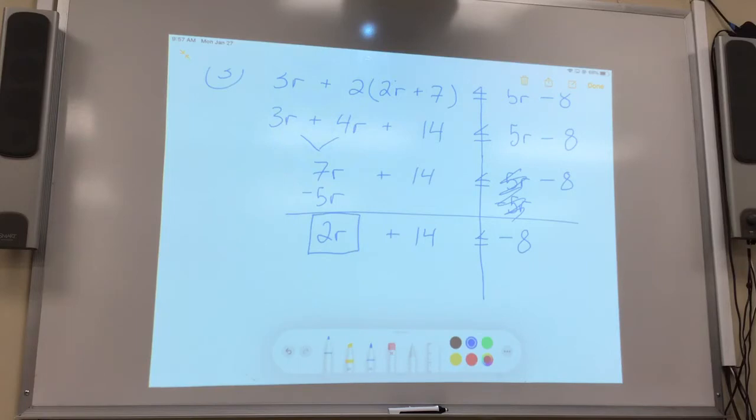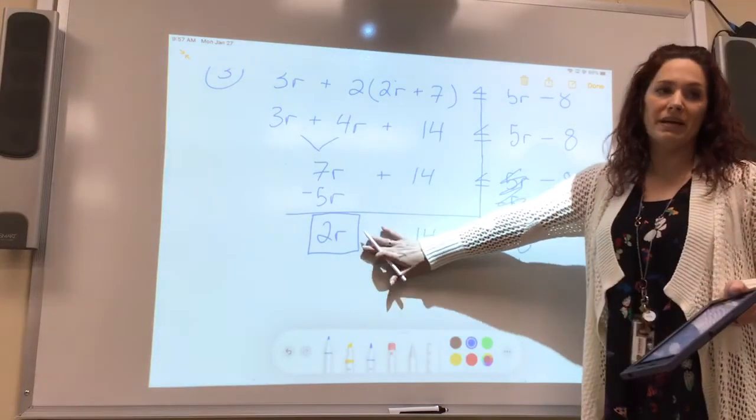Put a box around the 2r. So the r term is on the left-hand side, which means everything I do is based off of what's happening on the left-hand side.